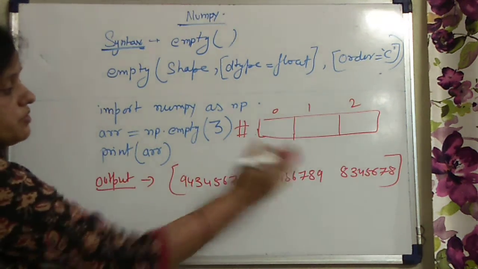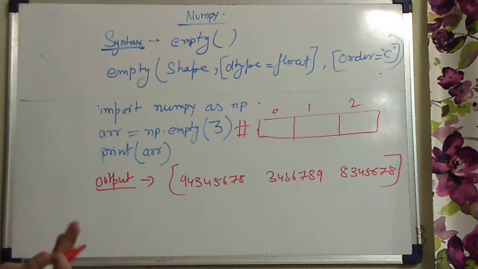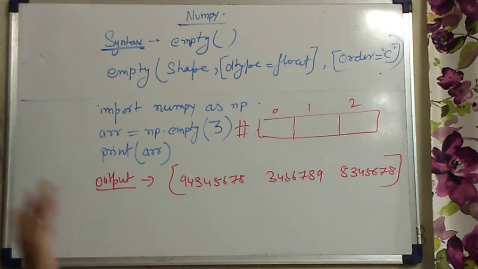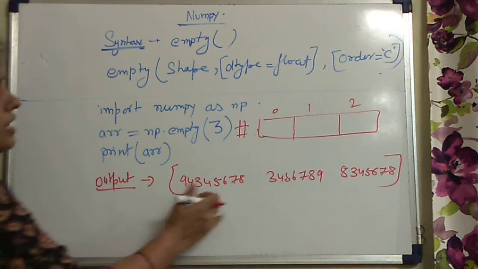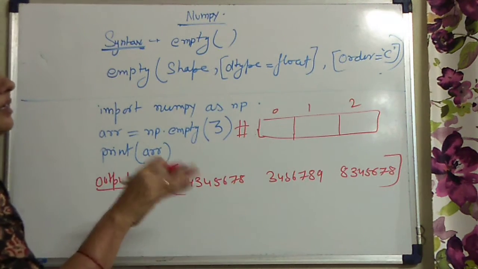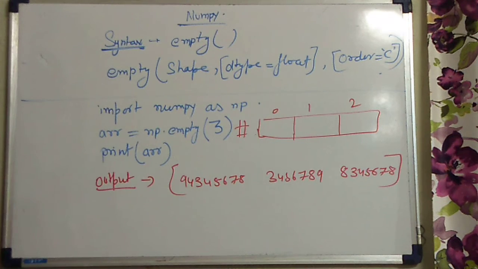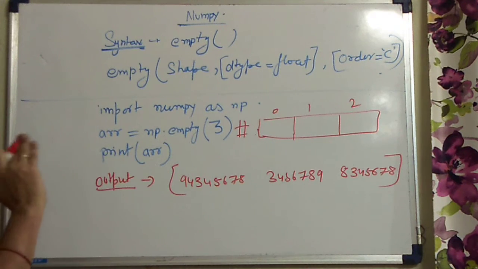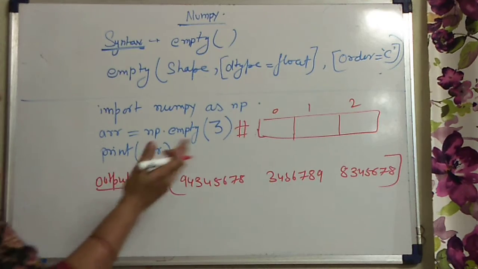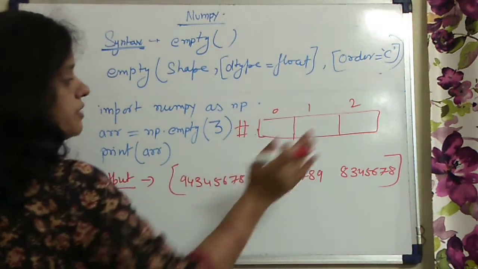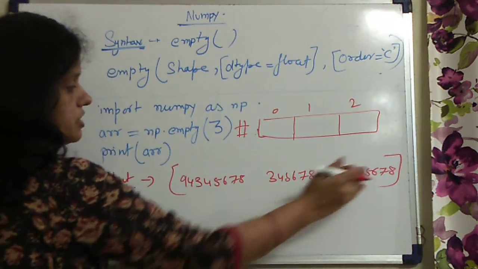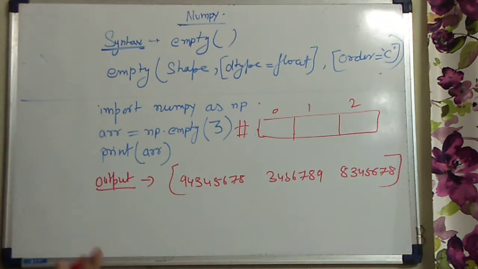These are called garbage values. Some values are remaining inside the memory cells, values that were already in the memory cell. You don't require these values, but they are already there in the cell, so that's why you are able to see them. Garbage values are those values which are not required by the programmer.